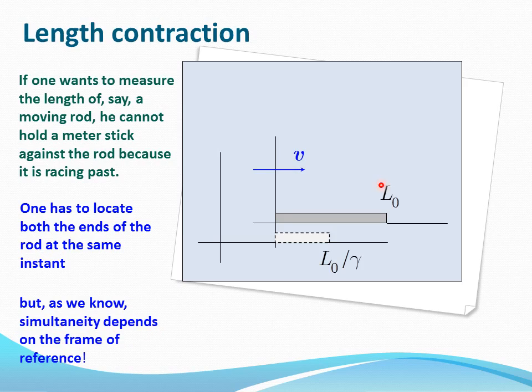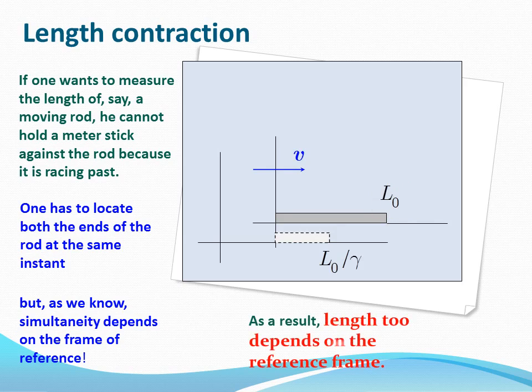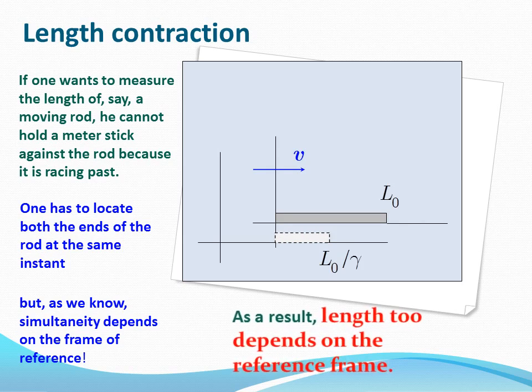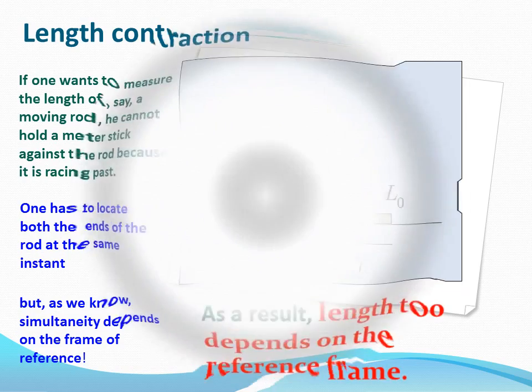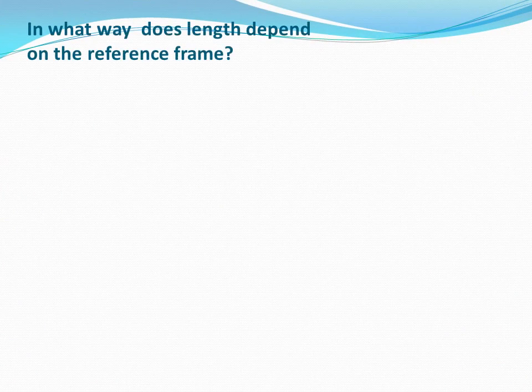Therefore, length too will depend on the frame of reference. As we will see, there's a length contraction effect. We can now derive an expression for the length dependence on the reference frame.